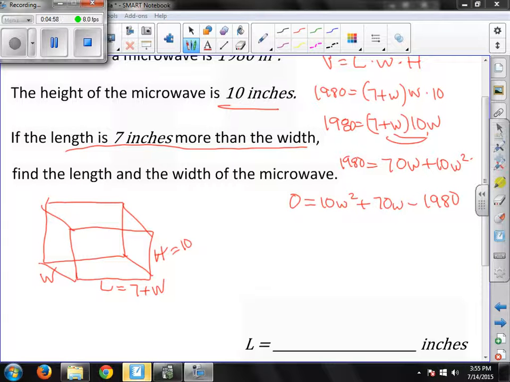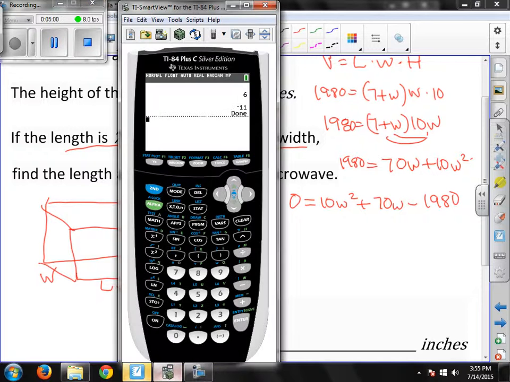Let's use our quad program on that. My A is 10, my B is 70, and my C is negative 1980. Enter and enter. So my width is 11 or negative 18.